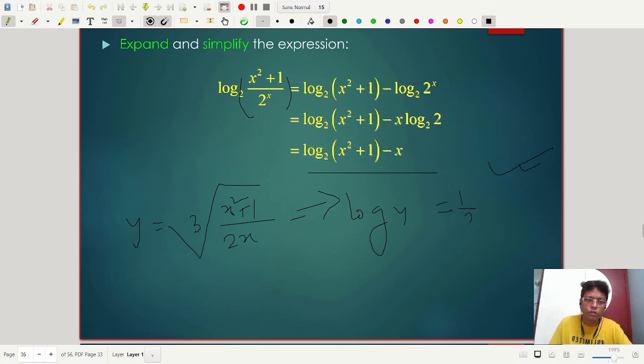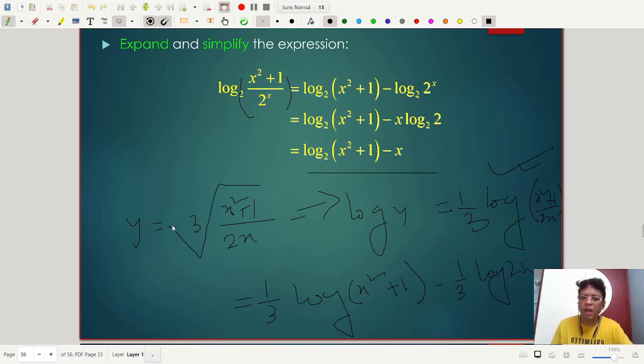So one-third times log of x square plus 1 by 2x. Look at that, it's simplified. The root can be easily simplified, and further we can simplify it: one-third log of x square plus 1 minus one-third log 2x. That is how we have simplified.